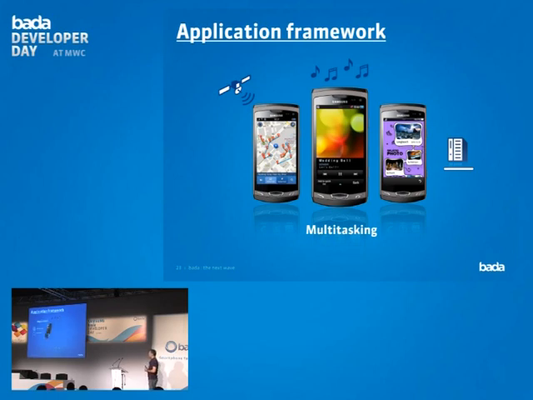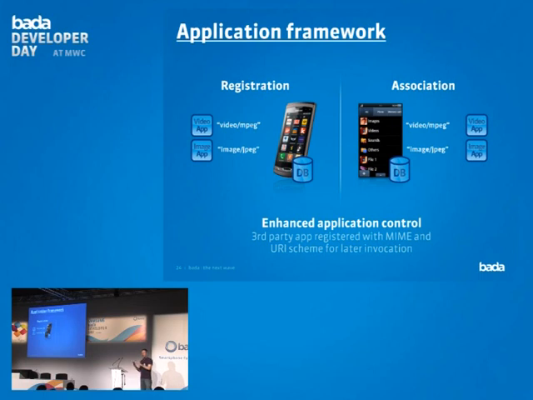Okay, in addition to that, as I said earlier, in bada 1.0 you had the possibility to launch other applications out of your bada application. Now we extended this model, so you can also now define or associate content types with applications. So this is based on MIME types or URIs, and you can say this type of content is related to this application.